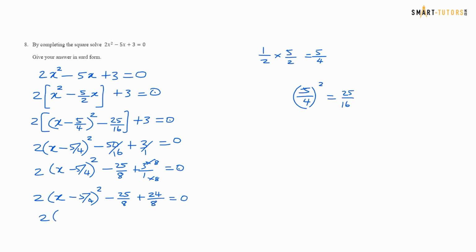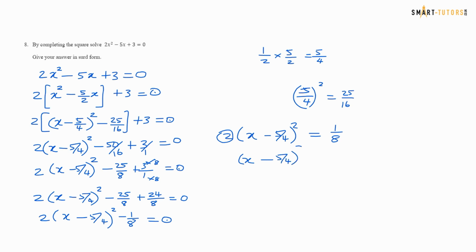So minus 25 over 8 plus 24 over 8 is minus 1 upon 8 equals 0. So 2(x minus 5 over 4) whole thing squared equals 1 upon 8. So I'm going to divide by 2. This 2 is going to divide the other side. So x minus 5 over 4 whole thing squared equals 1 upon 16.